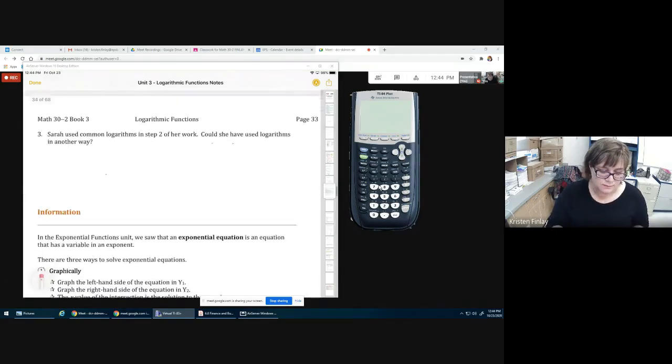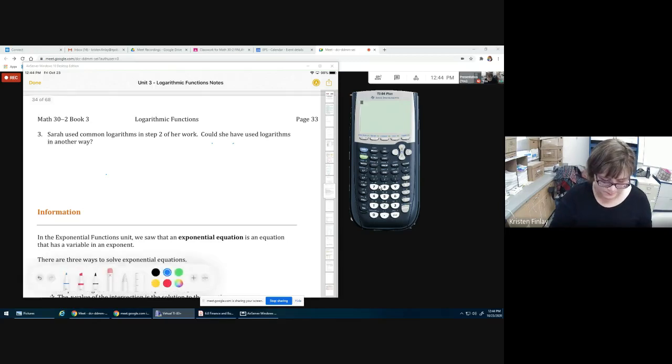All right, now, Sarah used common logarithms in step 2 of her work. Could she have used logarithms in another way? So, yes. So what she could have done is use the logarithmic form.